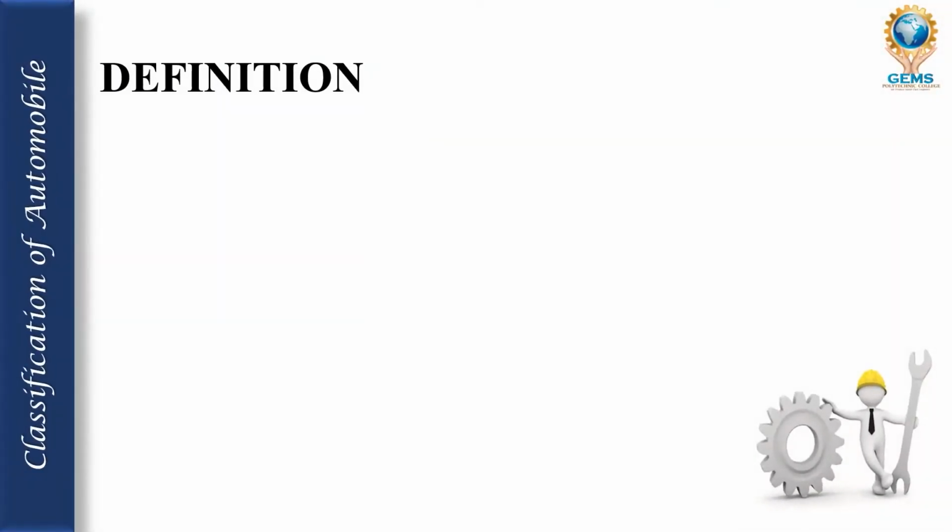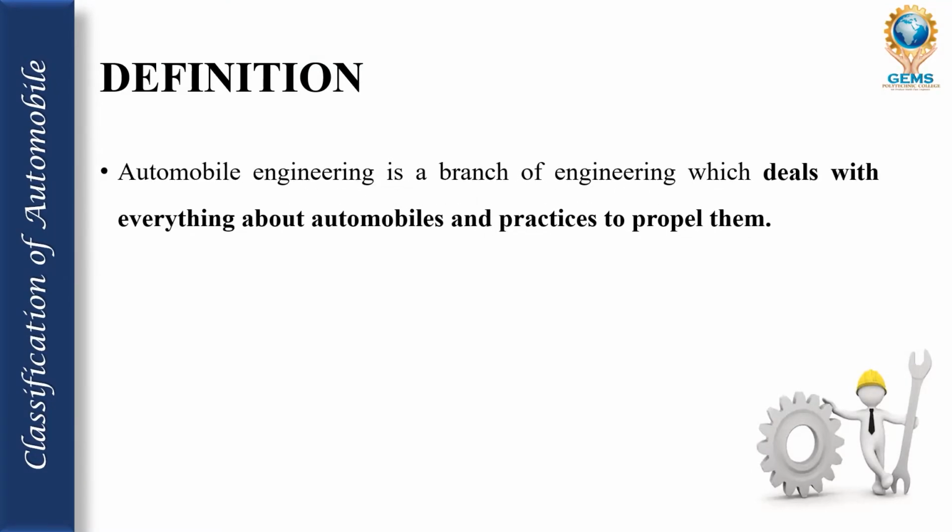So, definition. What is the definition of automobile? Automobile engineering is a branch of engineering which deals with everything about automobiles and the practices to propel them. It deals with everything about automobiles and practices to propel them, to come to the practical.